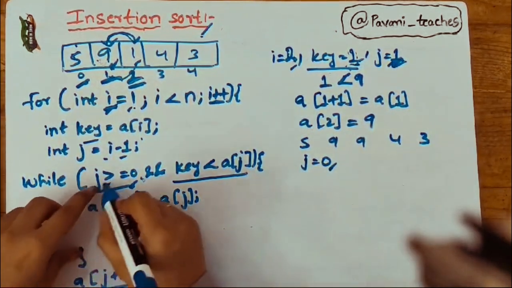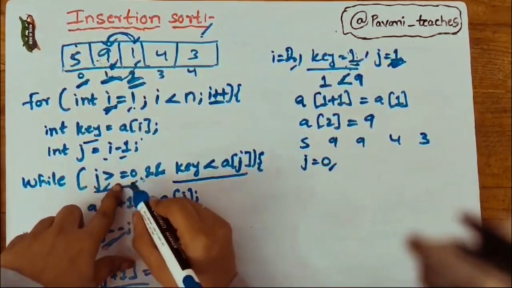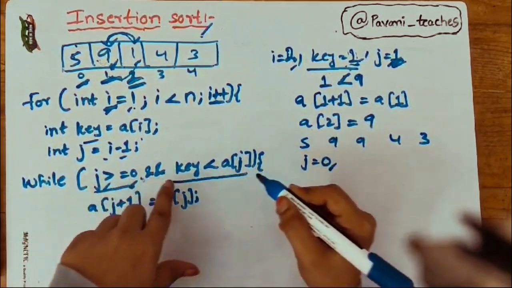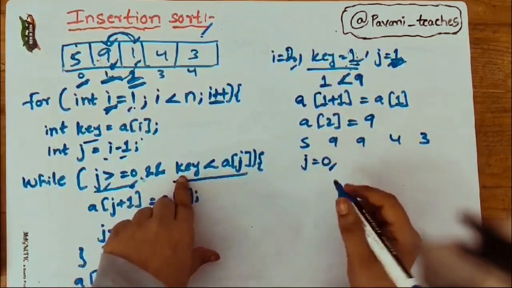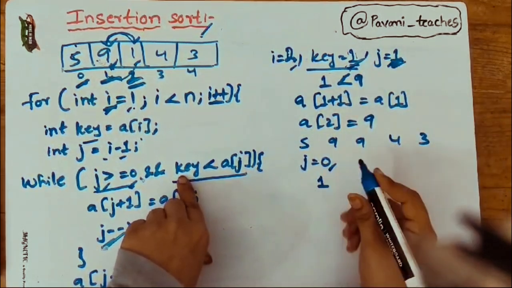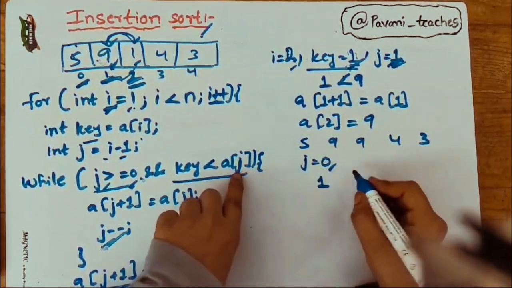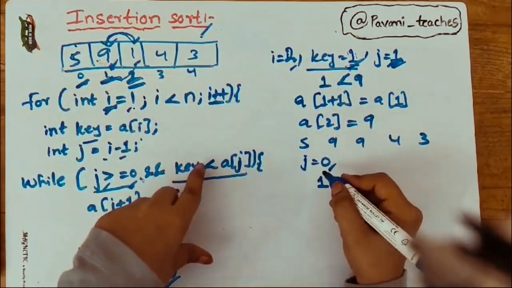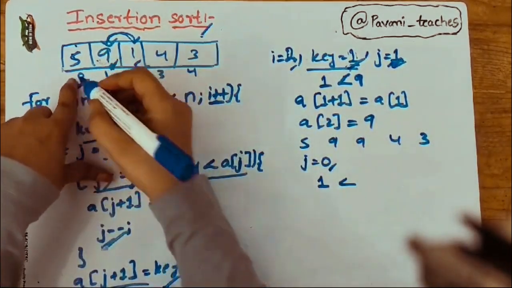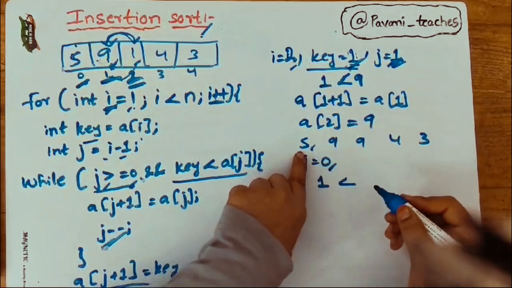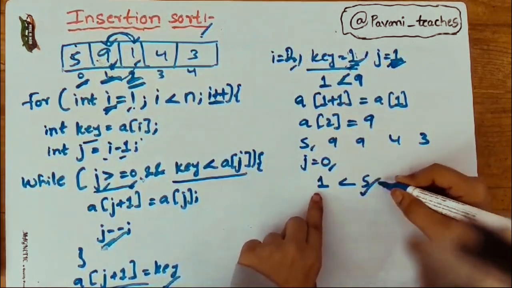Okay, again it will check this condition, which is j is greater than or equal to 0. Yes, again it is true, and it will check this condition, that is key value is 1, and it will check a of j, here a of 0, which is equal to 5. Again this is true.